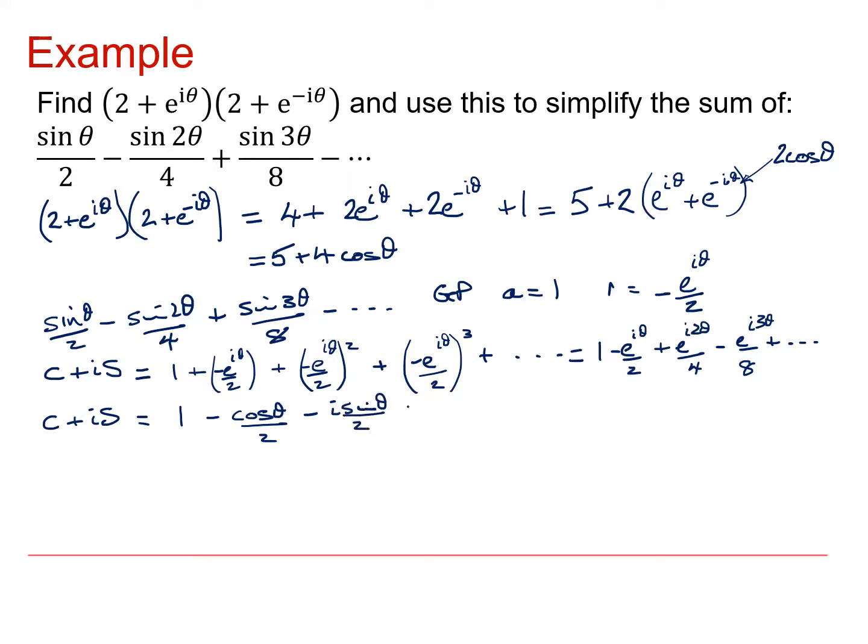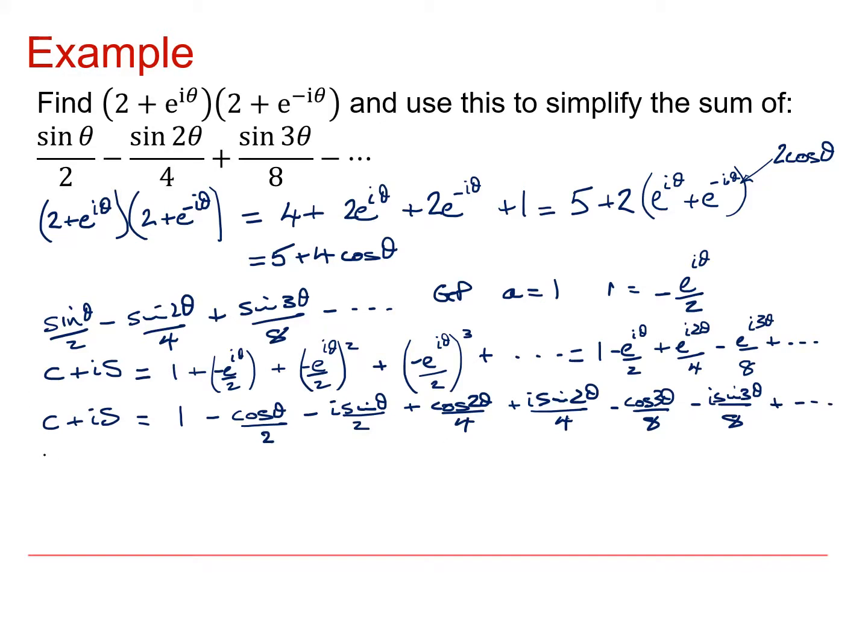The next bit is going to give me plus cos 2 theta over 4 and plus i sine 2 theta over 4, and then cos 3 theta over 8 minus i sine 3 theta over 8 plus whatever else comes along.